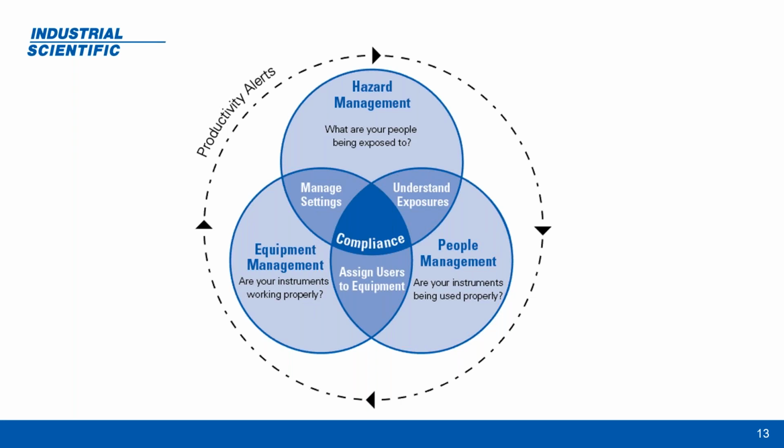And then there's that third piece. What are my people being exposed to? What are your people actually exposed to when they're out working in the field? What hazards do they see?